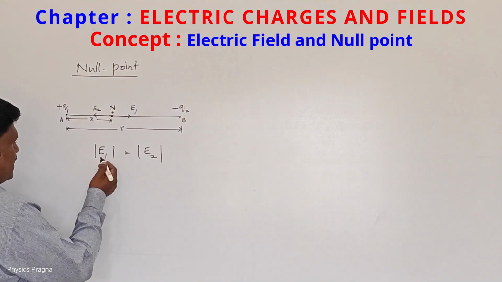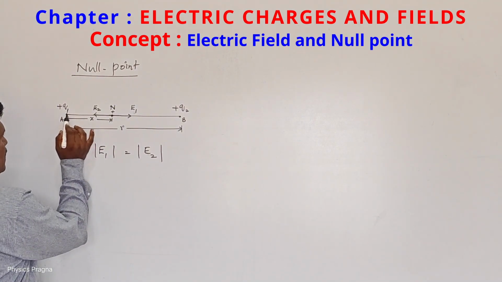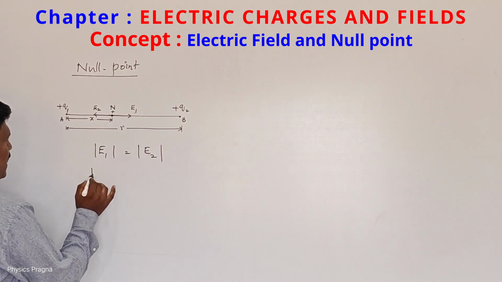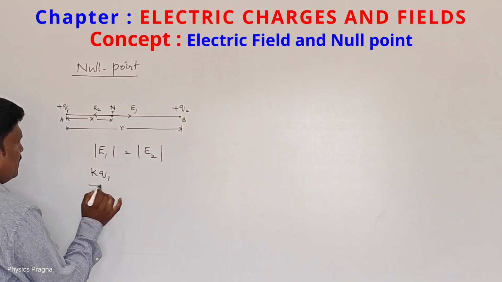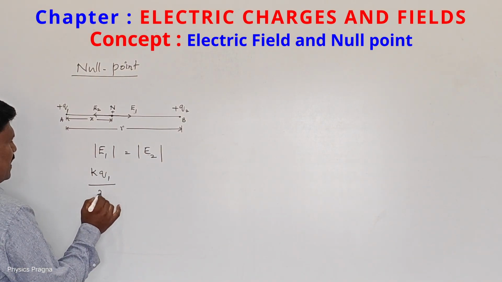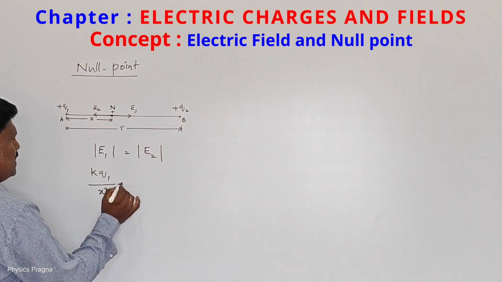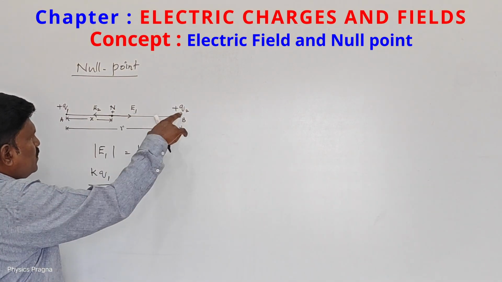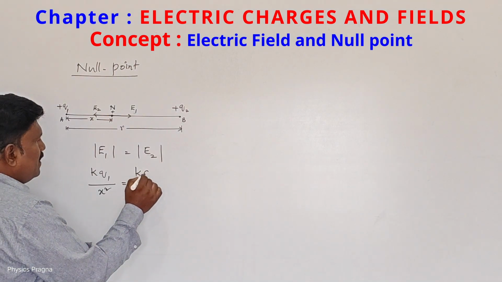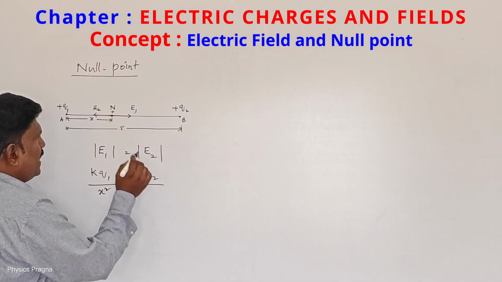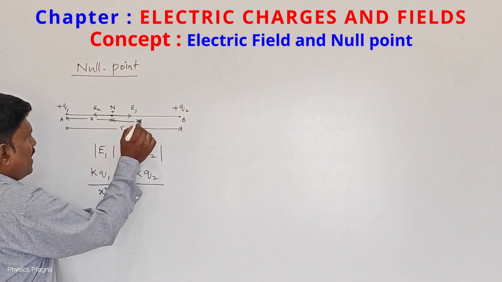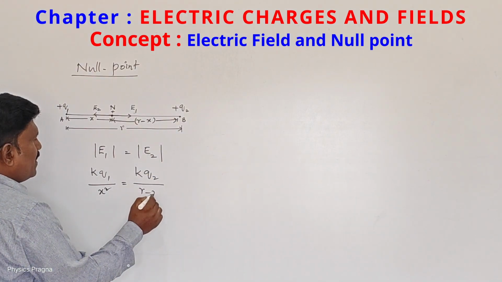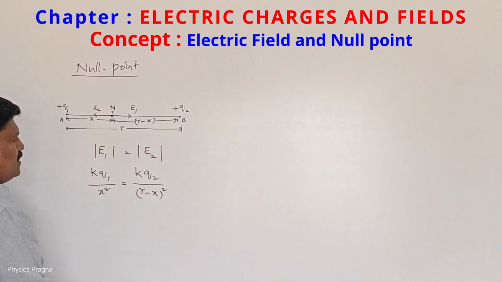So E1, let us write the formula here. This E1 is between Q1 and N. So K Q1 by the distance X square, equals, from the null point to Q2, K Q2 by this distance R minus X, so R minus X whole square.